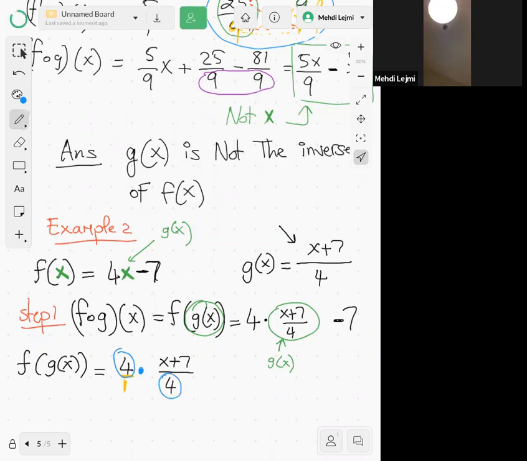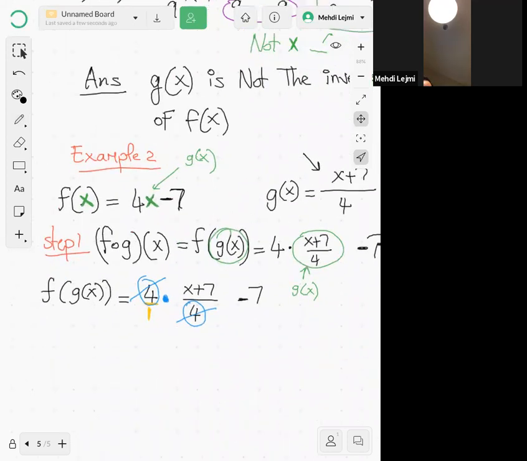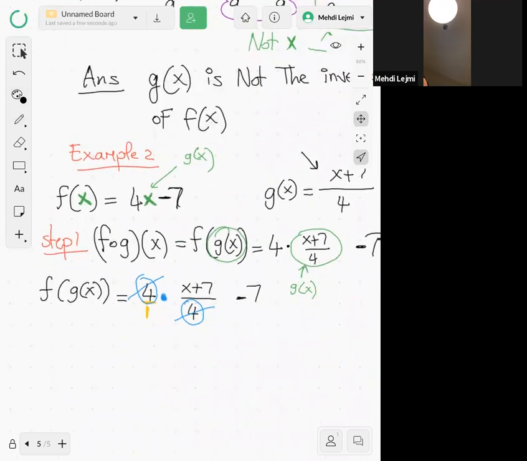Because we have a multiplication, this 4 cancels out. So it's just x plus 7 in the top, and in the denominator it's just 1.